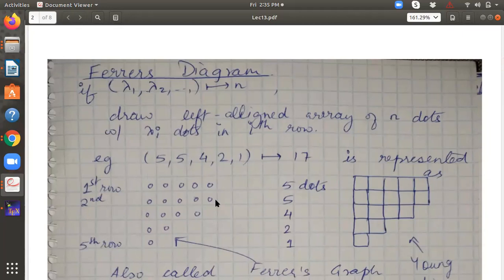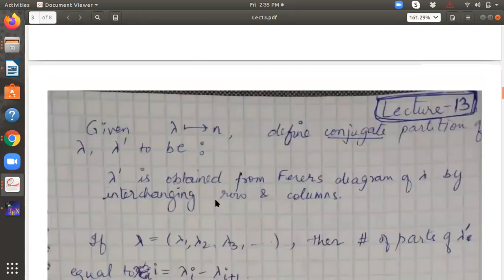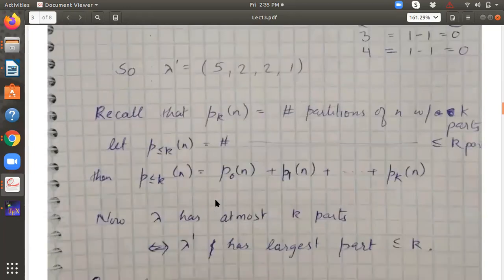Yes. So what we're really saying is that if lambda has at most k many parts, then lambda prime has largest part to be at most k. Correct? So lambda has at most k parts is this, right? So whichever lambda is there with at most k parts is the one which gets counted here, right?